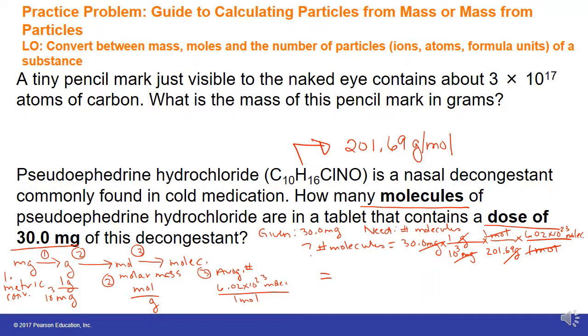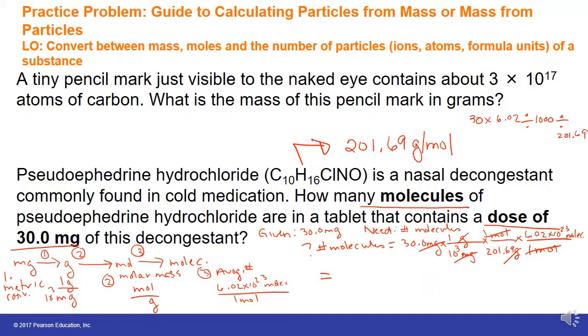Remember, in your calculator, you're going to put in 30 times 6.02 divided by 1,000, which is the same as 10 to the 3, divided by 201.69. And you leave your power of 10 till the end.